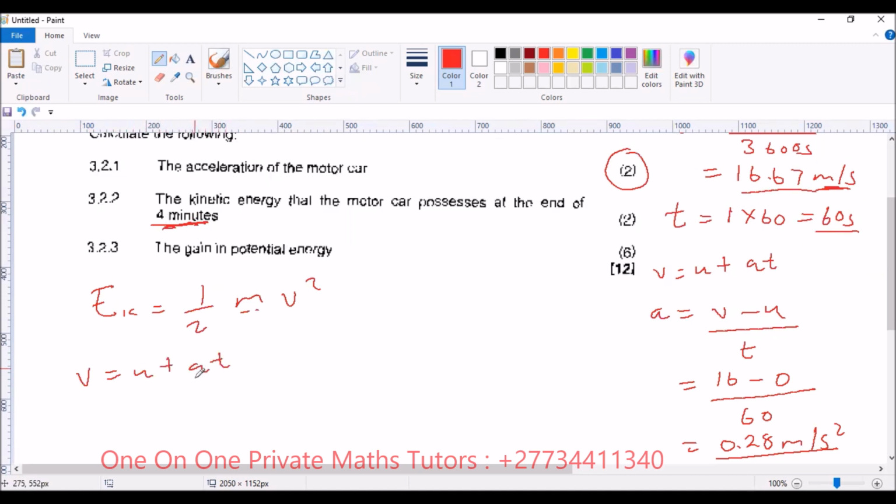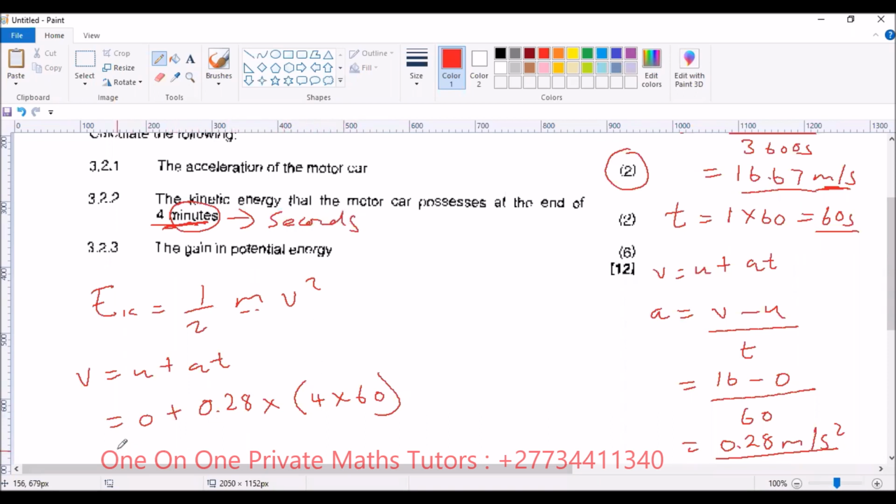We now have the acceleration. We want to find the velocity, the initial velocity, which is 0, 0 plus acceleration, 0.28 times time, 4 minutes. Okay? Which is 4 times 60.